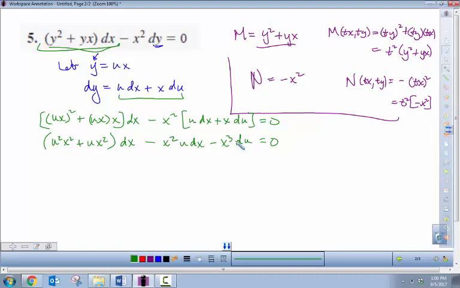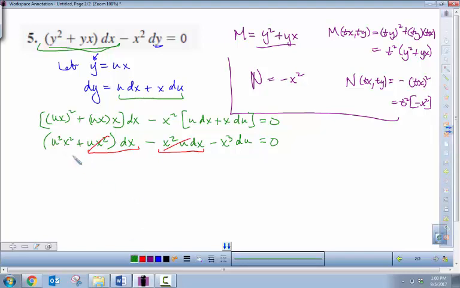That okay so far? Notice anything? The negative x squared u dx and the u x squared dx are the same, except with opposite signs. So it looks like we might be able to cancel that out.